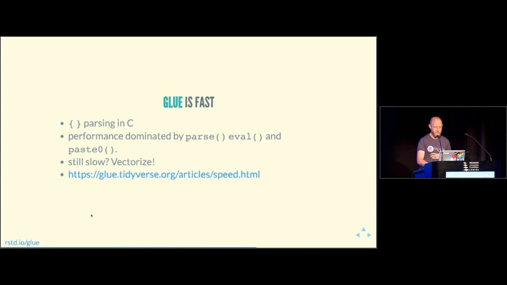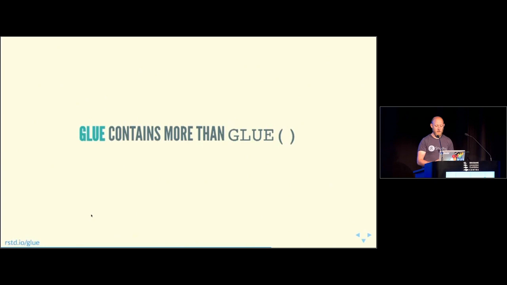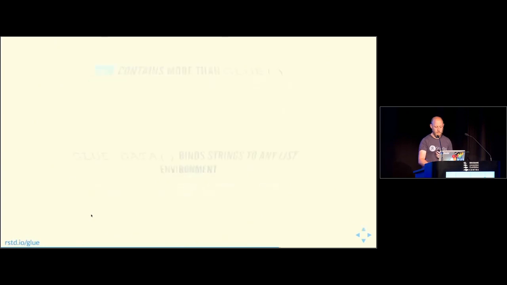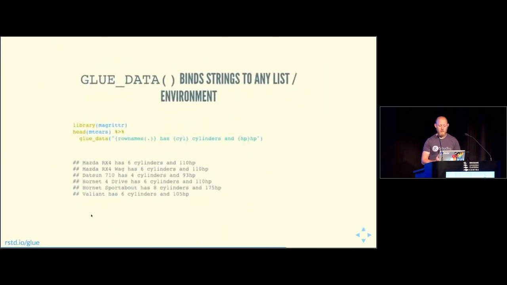So glue also contains more than just the glue function. There's a glue data function. This works the same way as glue does. The glue function takes the data from your environment. Glue data allows you to explicitly set a list or environment as where the data should be coming from.